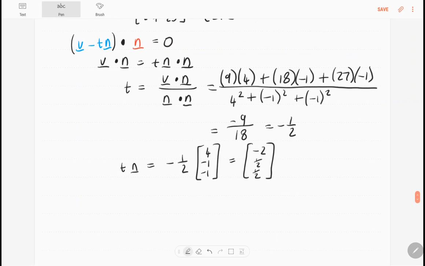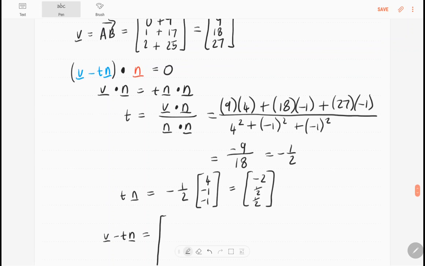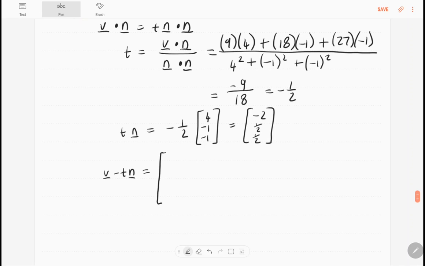So we are looking for v minus Tn, which is then going to be, so we have v's components, which is (9, 18, 27), minus Tn, so it's going to be minus minus 2, minus a half, and minus a half.